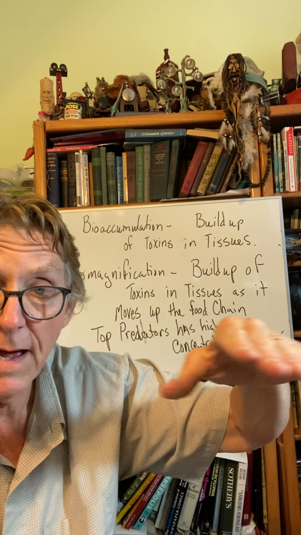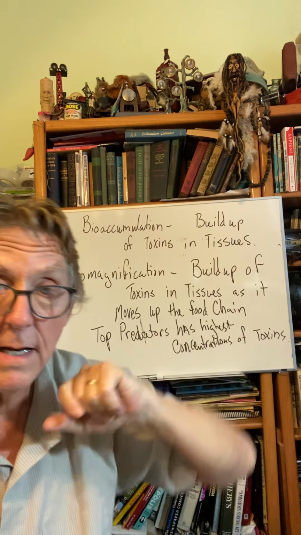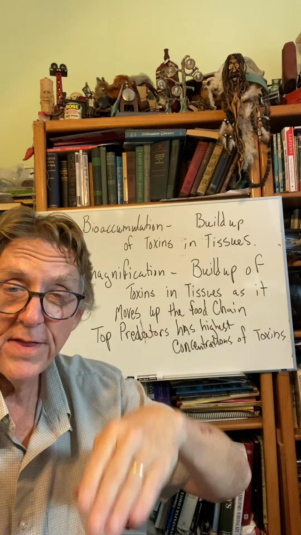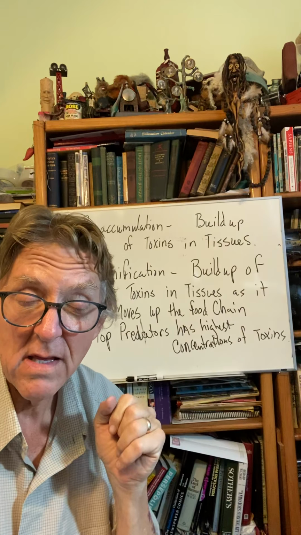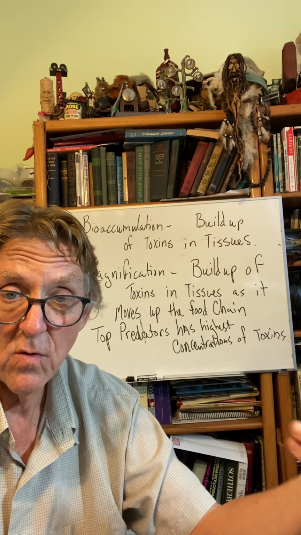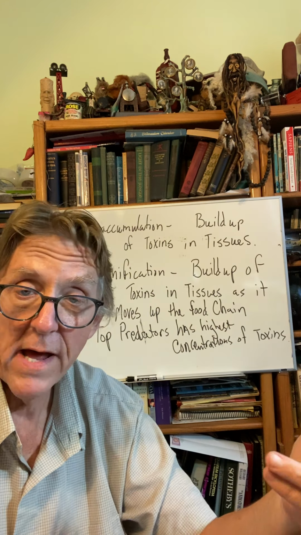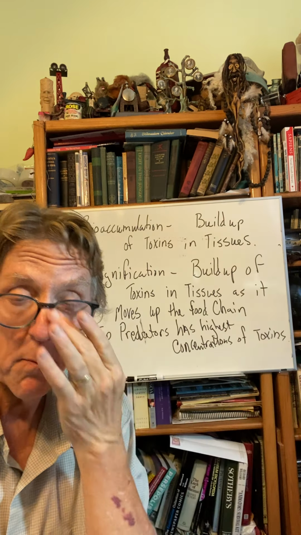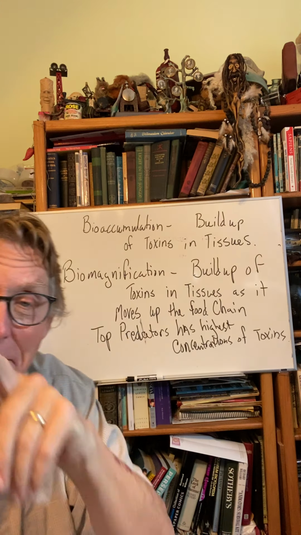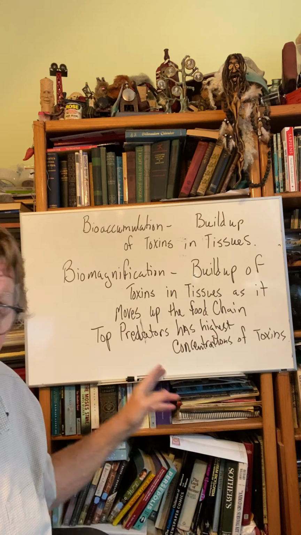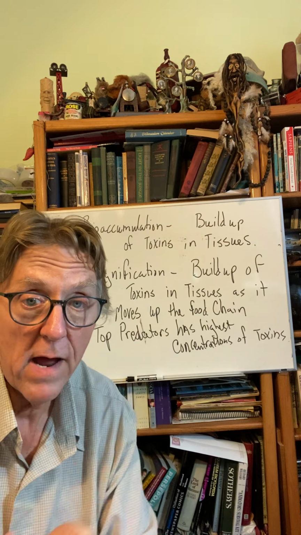The grazers are eaten by the first level predators, which are eaten by higher up predators, who are eaten even by higher up predators. With each of those steps, it magnifies the concentration of the toxin that is present in the tissues of the predator.